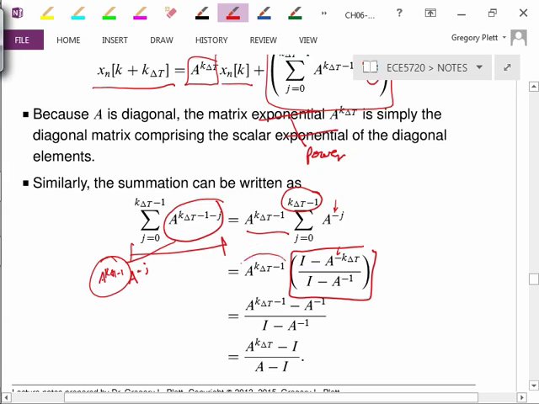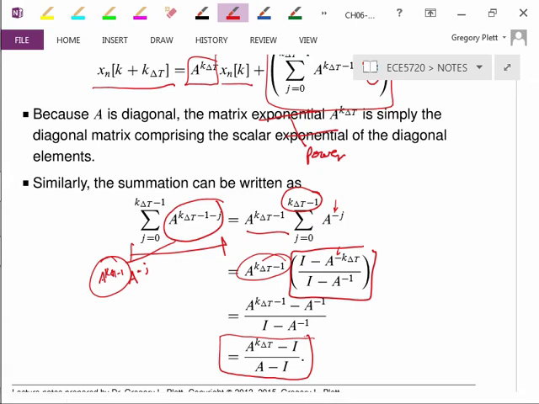I multiply the numerator through on the left by this, which gives me the numerator that you see, and then I multiply the top and the bottom of this by a, which gives the simplified form here. And again, I'm going to have to carefully check the matrix algebra to figure out if I pre-multiply by the inverse or post-multiply by the inverse to make that true.